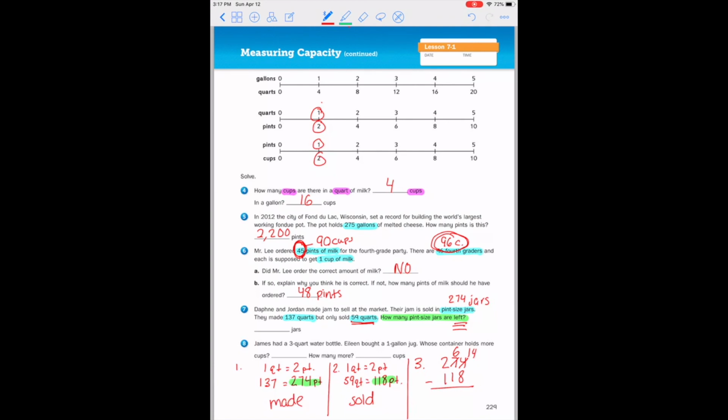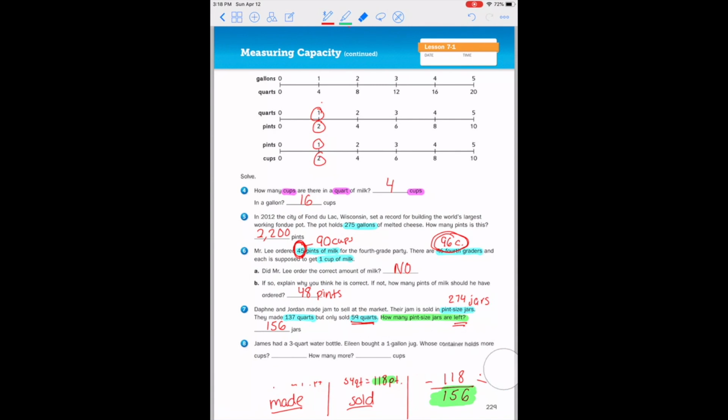And you would get 14 minus 8, which is 6. 6 minus 1, which is 5. And 2 minus 1, which is 1. So they had 156 jars left after they sold them. So in that one little problem, we had to do 3 different steps. We had to figure out how much was made, how much they sold, and how much was left.